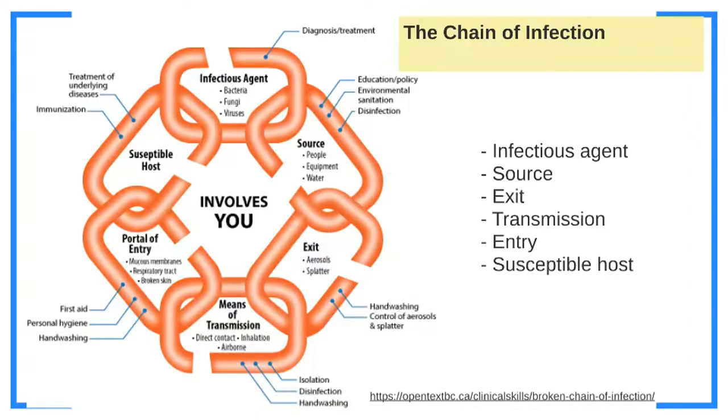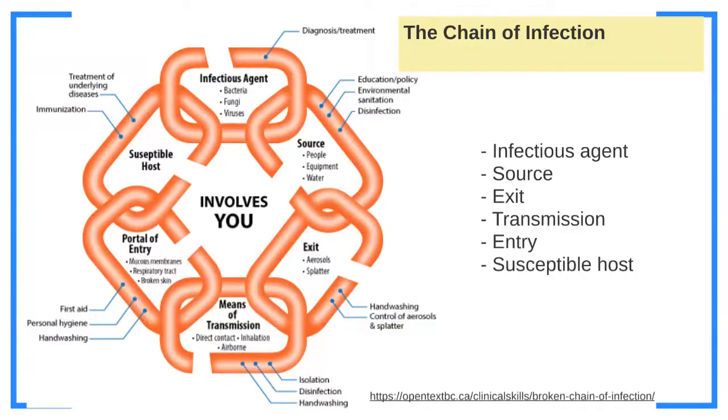When it comes to the infectious agent, one thing that you can do to eliminate it is to not provide a place where that agent can survive. So in the summertime, you want to dump out all of your standing water, because mosquitoes will breed in that water, and mosquitoes will carry certain diseases.